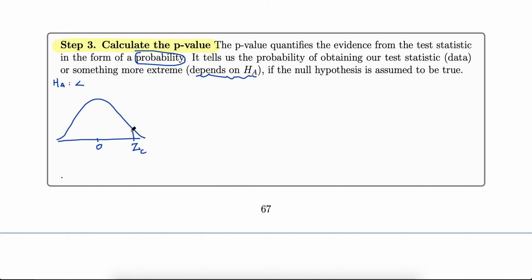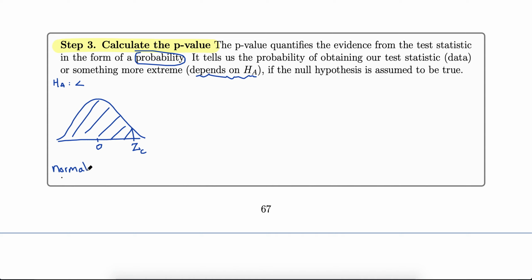And the "or more extreme" depends on HA. In this case, HA is less than, so the "or more extreme" is going to be everything less than my test statistic. We know how to find this. We've been working up to this point. If I know a z-score, I want to find the probability below that. Easy. Let's check out normal CDF.